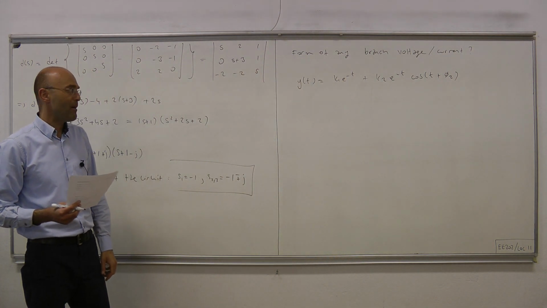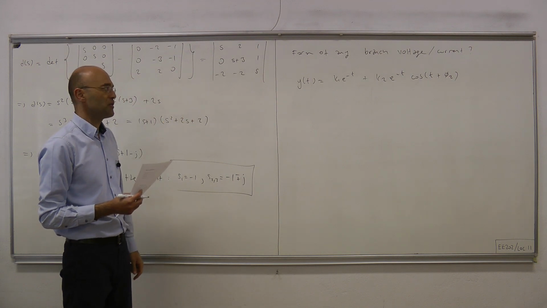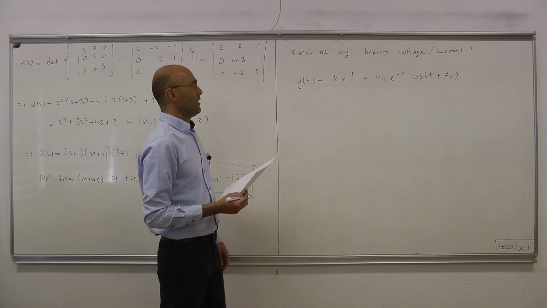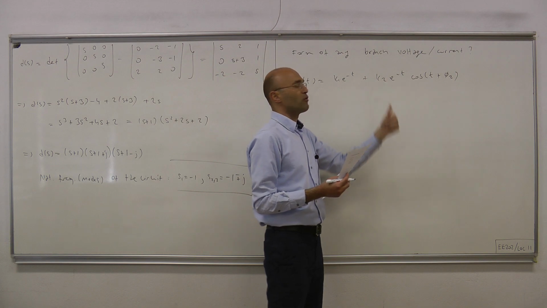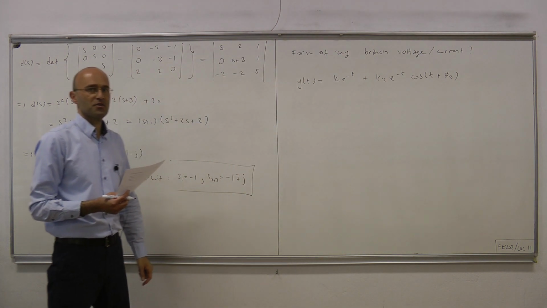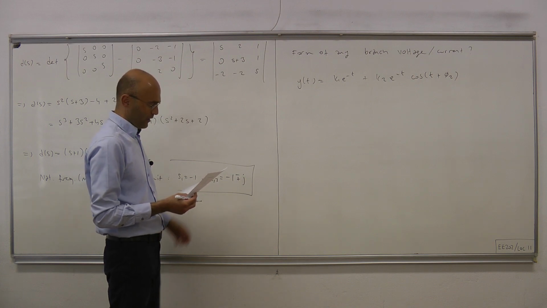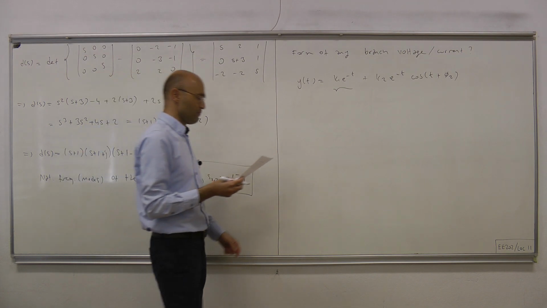And remember also that we have three initial conditions: inductor current and two capacitor voltages, because the degree of the circuit is 3. And those three initial conditions will determine these three constants, k1, k2, and phi 2 for the general case. Now, let's also try to visualize these terms.